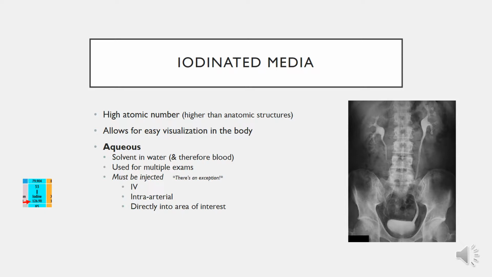So if we look at this KUB, we see that there's iodinated contrast within our kidneys, ureters, and our bladder. And notice how it is brighter than our bones because iodine has a higher atomic weight than our bones, than calcium. Iodinated contrast agents are considered aqueous, meaning they are soluble in water and therefore blood, since blood is primarily made up of water.